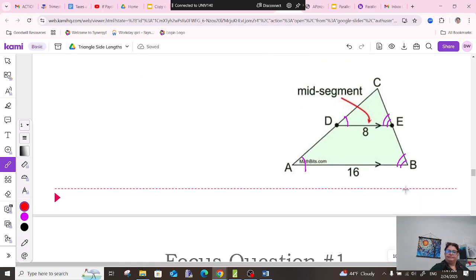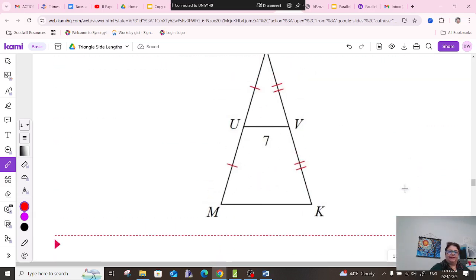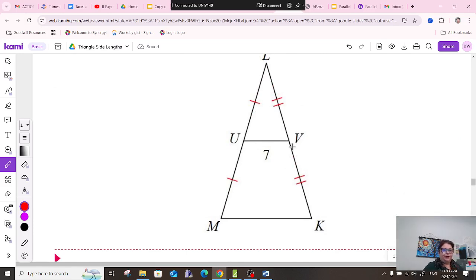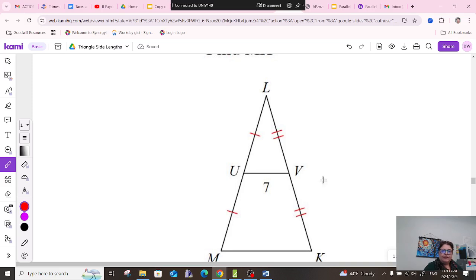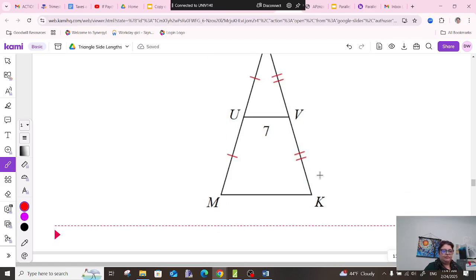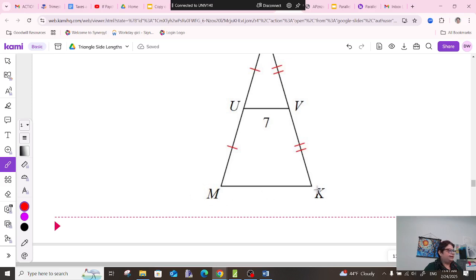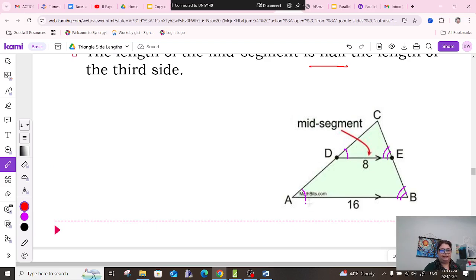Okay. So, right here. If UV is 7, and I'm showing that this is the midpoint because MU is equal to UL, and then V is the midpoint of LK because these two pieces are equal, what's the length of MK? Let's say over here, if this is 8, this is 16.